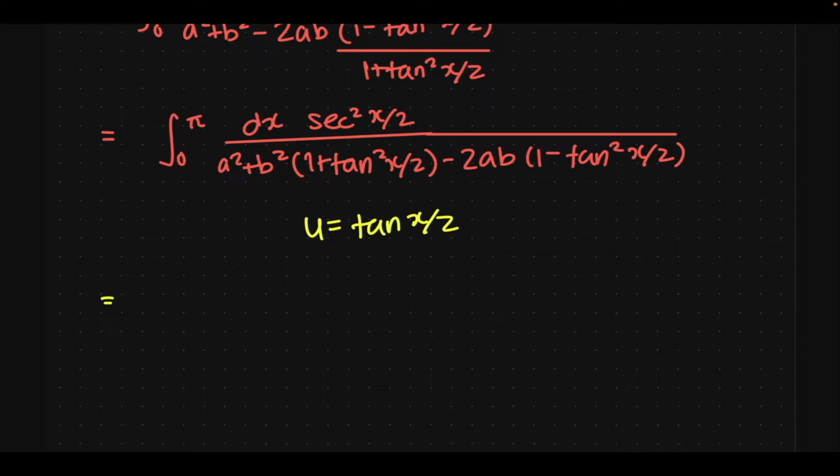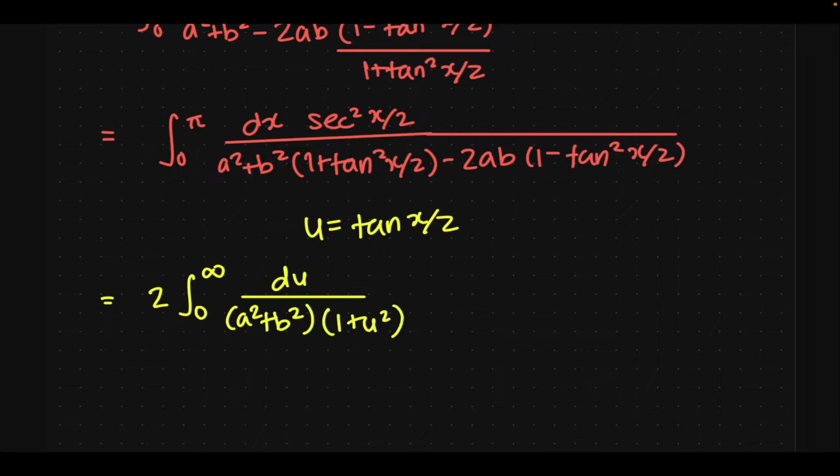So then the integral will be 2 from 0 to infinity, because tan of pi over 2 is infinity, du over a squared plus b squared times 1 plus u squared minus 2ab times 1 minus u squared.